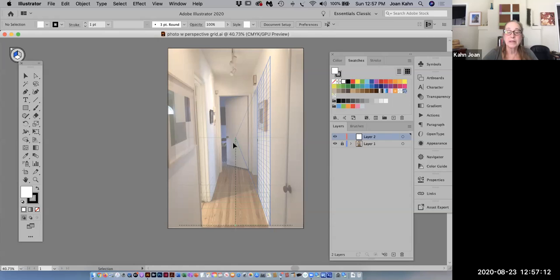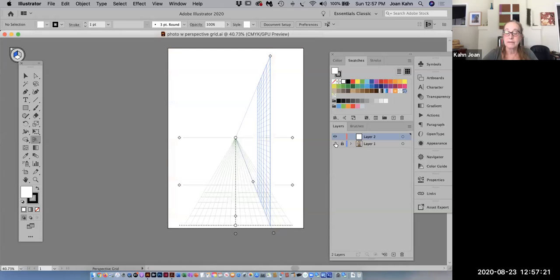So you can manipulate that grid with the perspective grid tool right here, and it brings up handles where you can move the grid around. I'm going to turn off the layer of the photo so that you can see what I'm talking about. So these handles allow you to move the grid. For instance, right now, the perspective grid on the right-hand side defines the right side of the grid, and the vanishing point would be right here, and you could move that up and down.